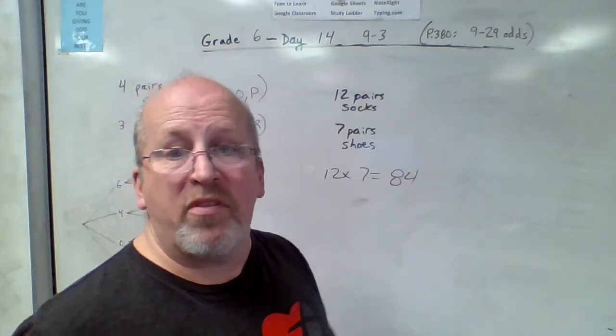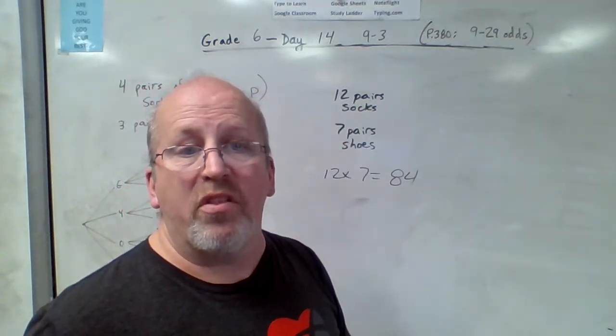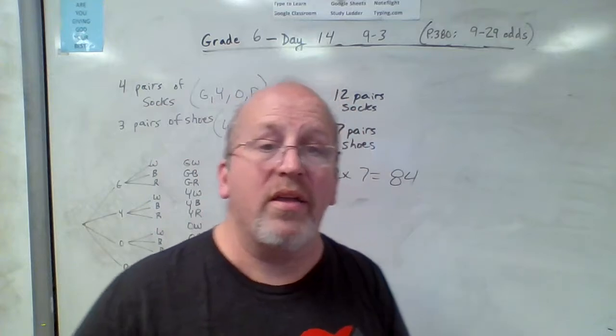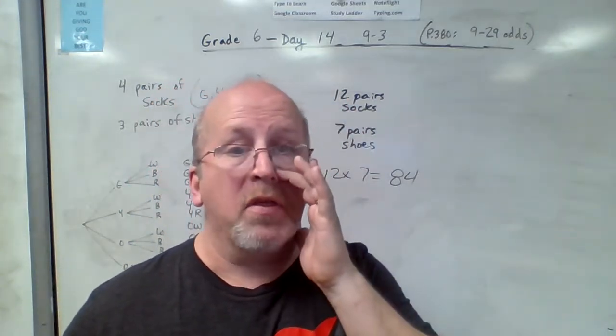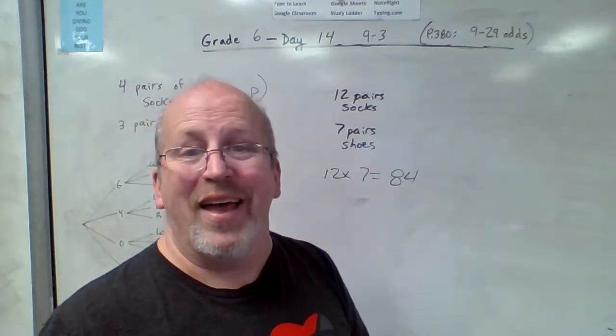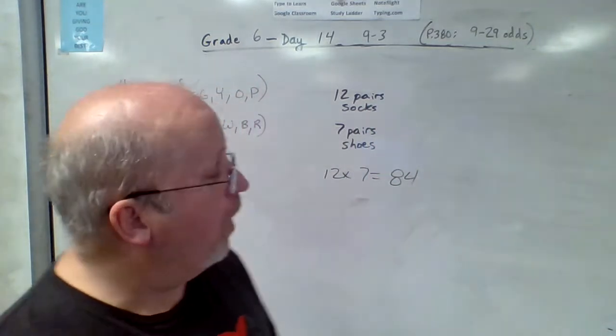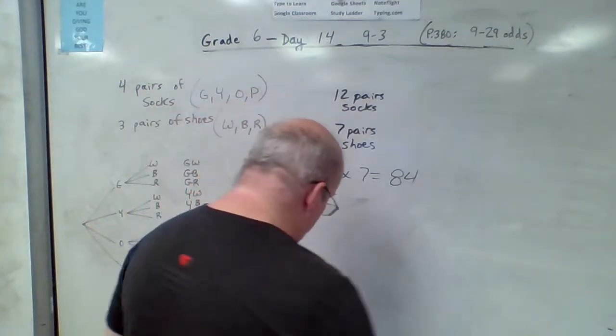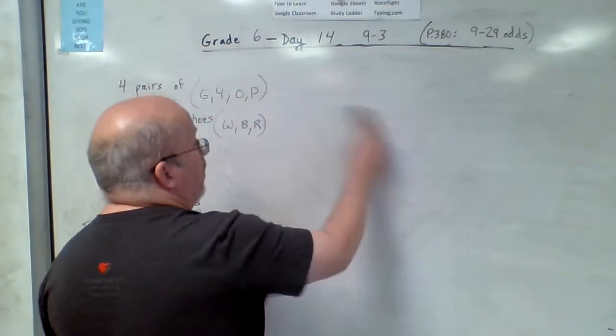In this case, there are 84 different ways that one could wear the socks and the shoes in this person's closet and dresser drawer. Let's try some other examples of this type of problem.